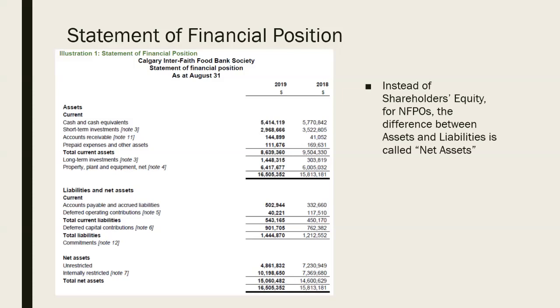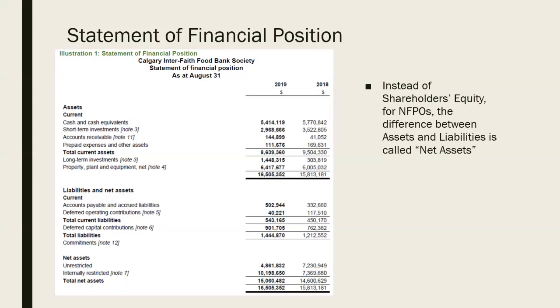And you can see that the Calgary Food Bank has, just like any other business, assets which include cash and cash equivalents, short-term investments, accounts receivable, prepaid expenses, long-term investments, and property, plant, and equipment. You can also notice there are references to note disclosures.